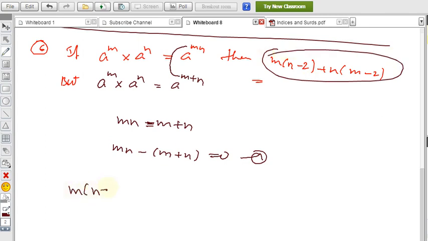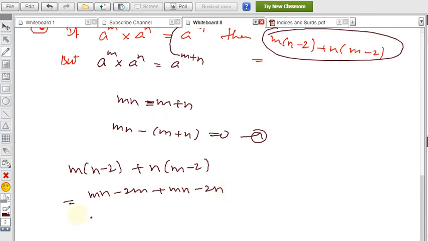We need to find the value of m into n minus 2 plus n into m minus 2. This is mn minus 2m plus again mn minus 2n. That gives 2mn minus 2m minus 2n.